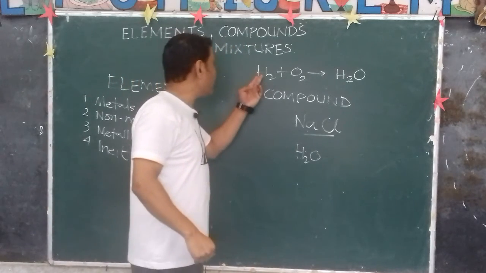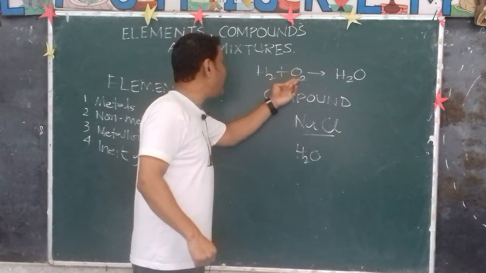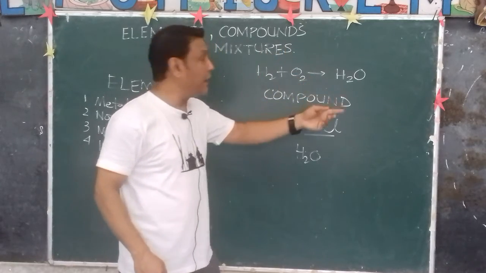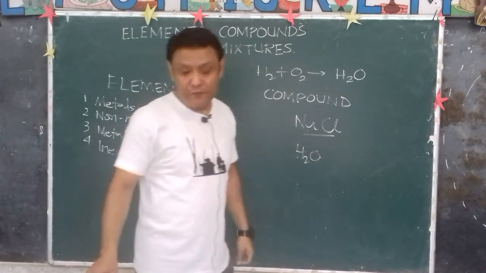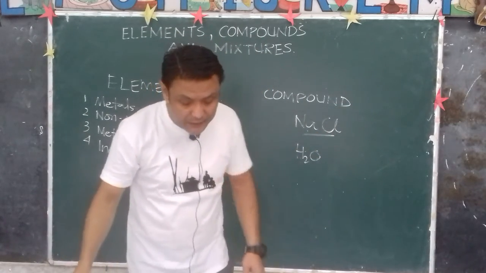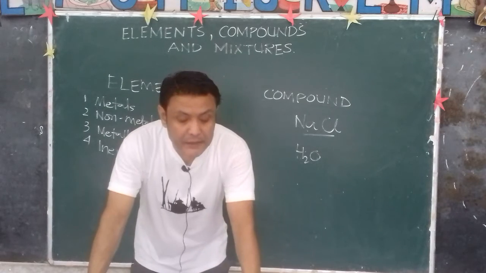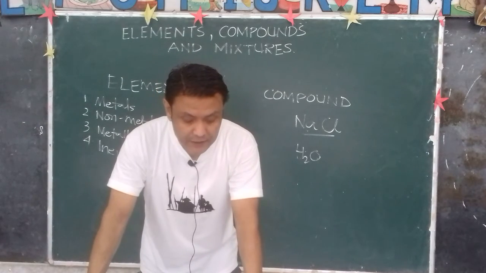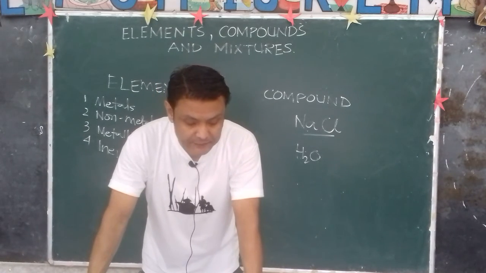So the properties of the different elements that make up water will be totally different from the water which has been formed. Is it okay? So that's what it means by the properties of compounds differing totally from those of the constituent elements.